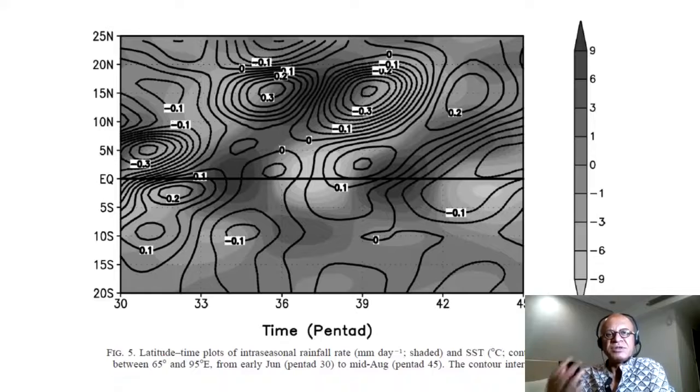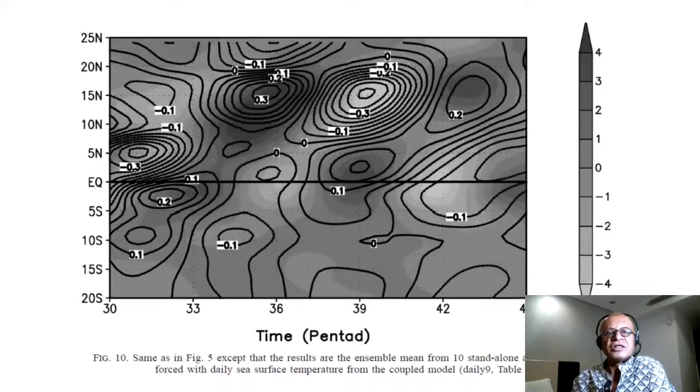When precipitation happens, sea surface temperatures cool, and then there are processes involved in reorganizing the sea surface temperatures. This question has been looked at by many people in terms of whether the ocean dynamics is involved in organizing sea surface temperatures before the convection and after convection has cooled the sea surface temperatures.